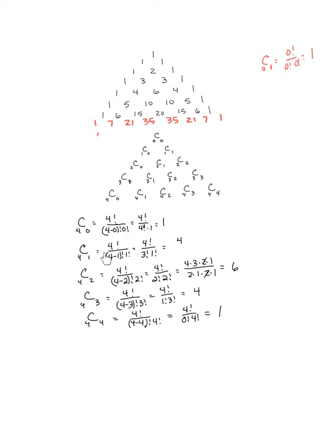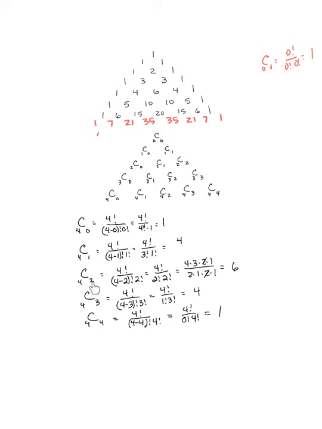Down here, I actually worked it out, if you don't believe me, where I used the rule for the combination of n things taken r at a time. Let's do 4 things taken 1 at a time: that is 4 factorial over 4 minus 1 factorial times 1 factorial. And when you work it all out, you get 4.